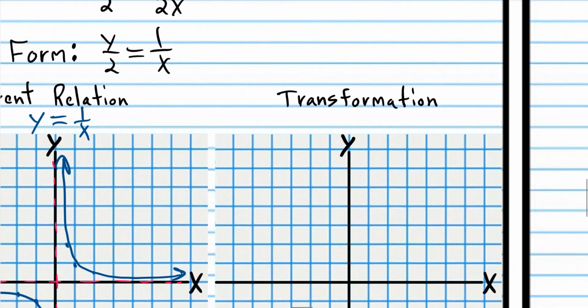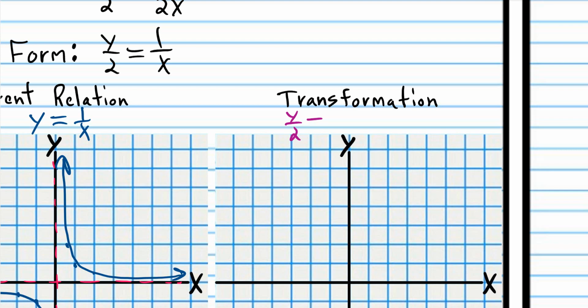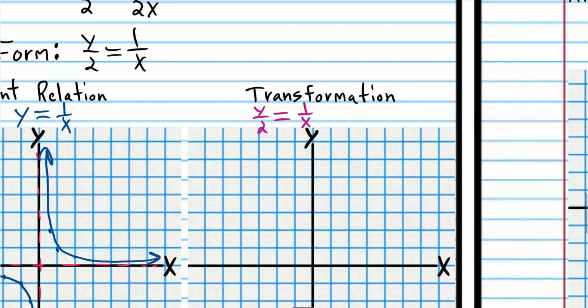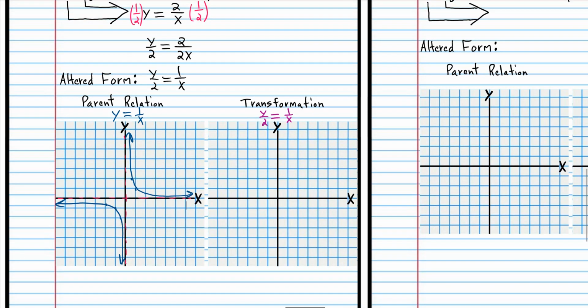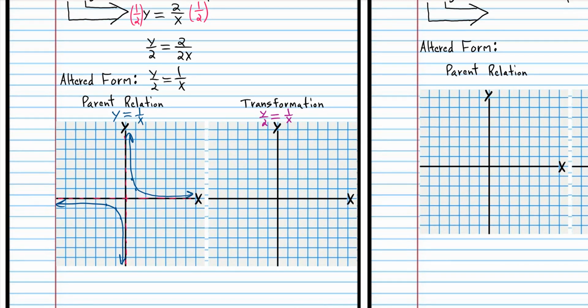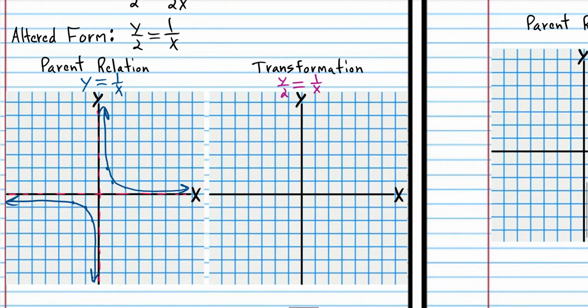Okay, now we're going to graph y over 2 is equal to 1 over x. So we multiply all the y values in the previous graph by 2. That's not going to change the position of the asymptotes. So I'm going to redraw those asymptotes.